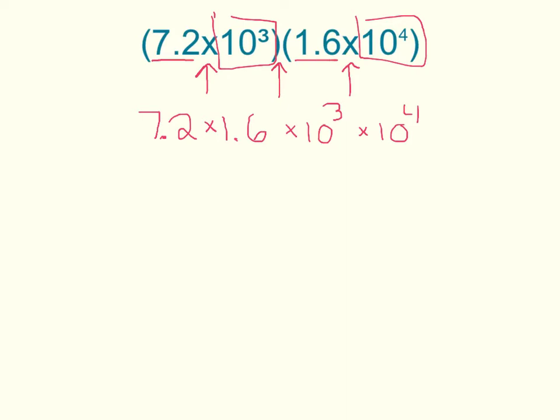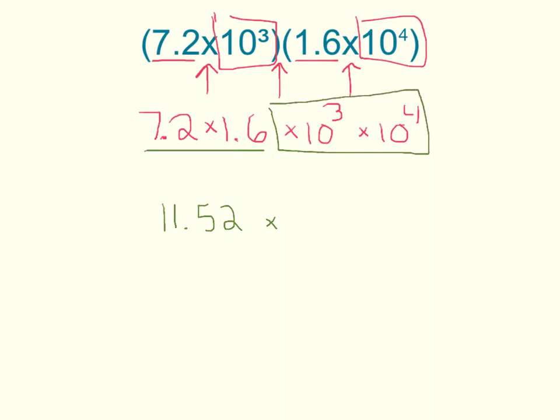So really what we're doing is we first multiply our coefficients together. 7.2 times 1.6 is 11.52. And then times, here we're multiplying two powers with the same base, and that property says you add your exponents, so it becomes 10 to the power of 7.